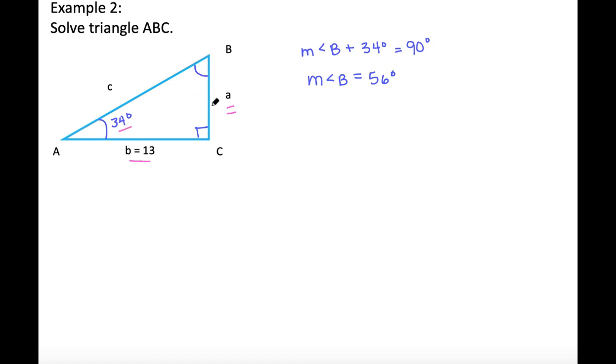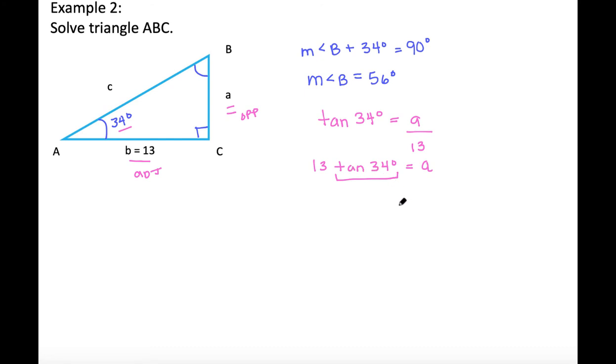So if we have the opposite side to the angle and we have the adjacent side to the angle, this ratio represents the tangent of the angle. So we know the tangent of 34 degrees is equal to A divided by 13. So to solve this, we're going to end up with 13 times the tangent of 34 degrees is equal to A. All right, so you're going to need to get your calculators because we need to evaluate tangent of 34 degrees.